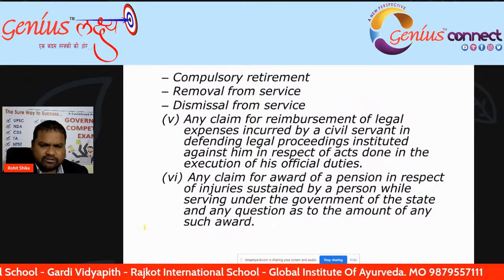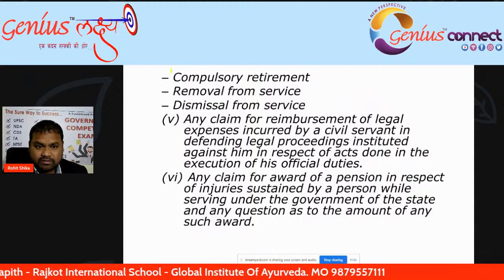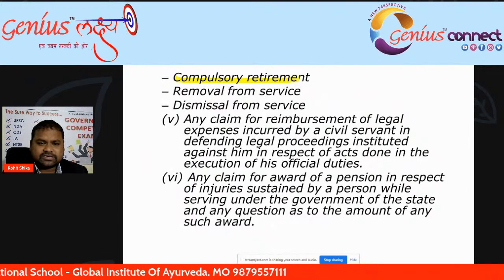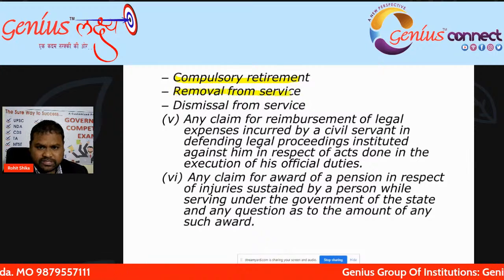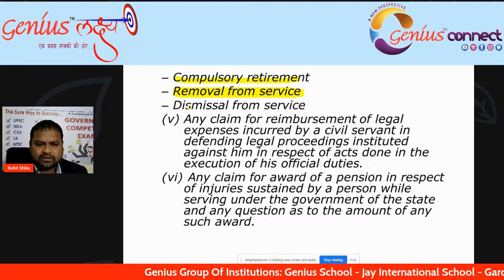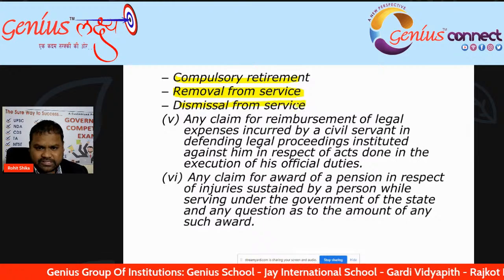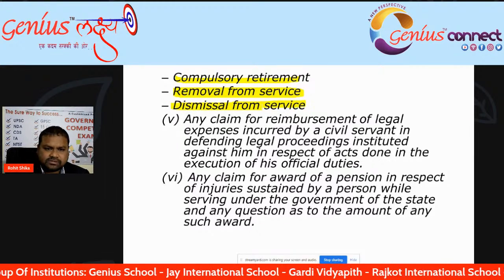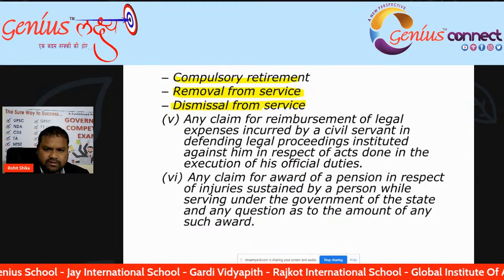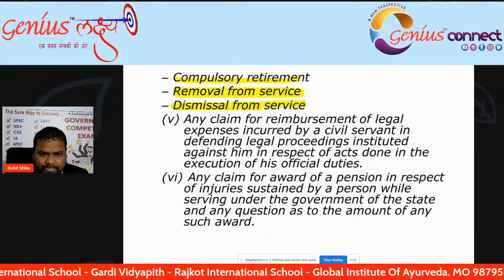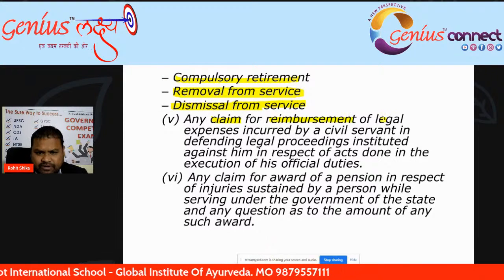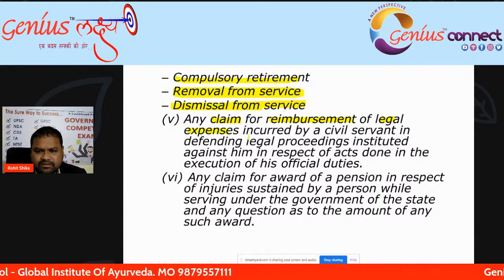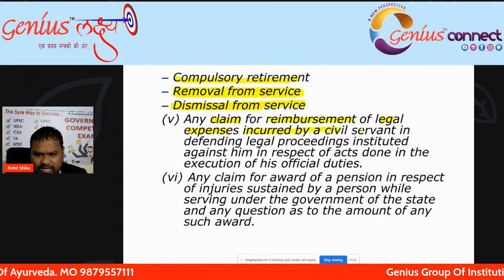Also, the State Public Service Commission takes care of compulsory retirements, removal from service, dismissal from service, and any claim for reimbursement of legal expenses incurred by a civil servant.